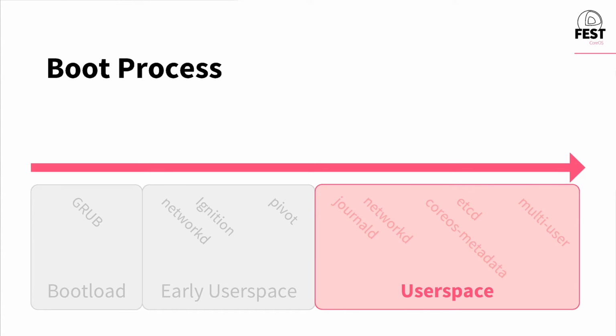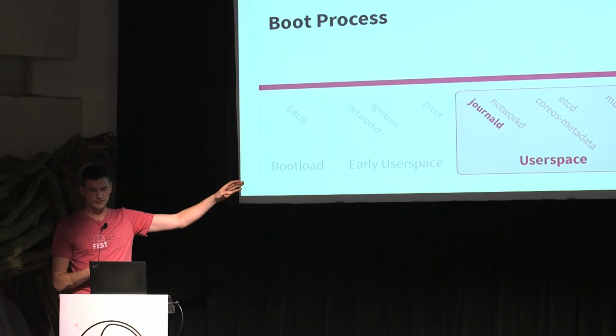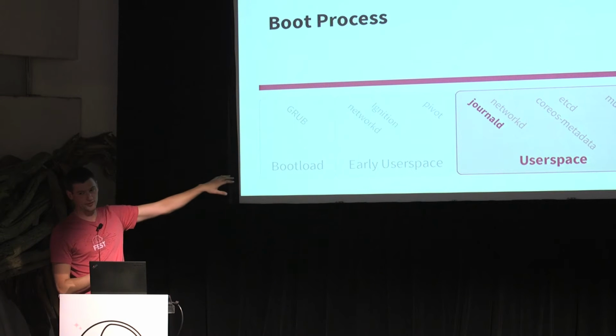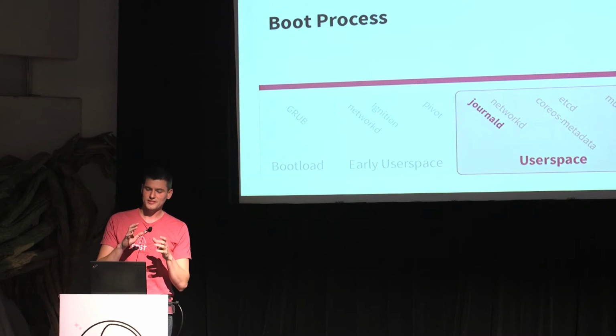This is the point where systemd starts, PID1, on CoreOS. One of the first things that it starts in this process might be journald, which is the journaling daemon. Now, you'll notice that at this point, even though journald has just started, Ignition has long finished. So what this means is that Ignition is capable of writing all of your journal configuration to disk.